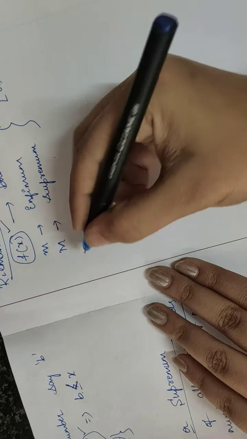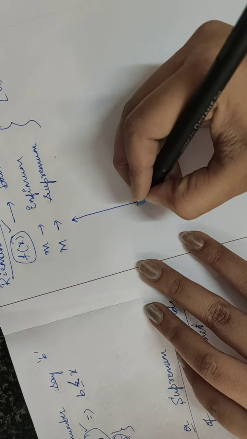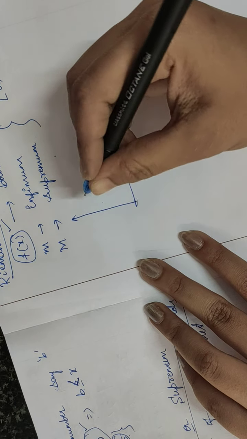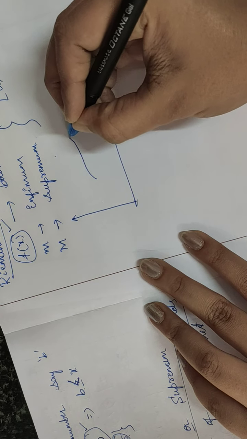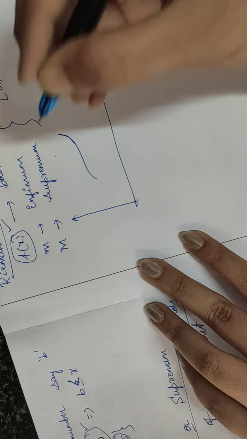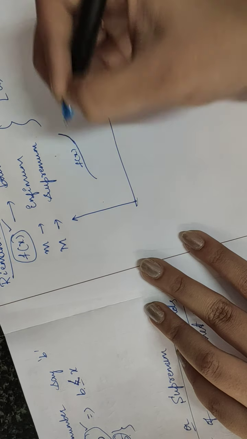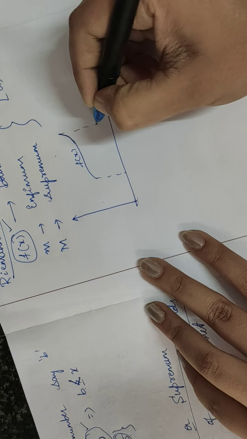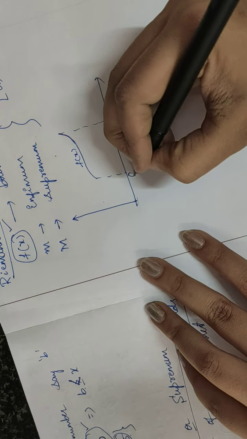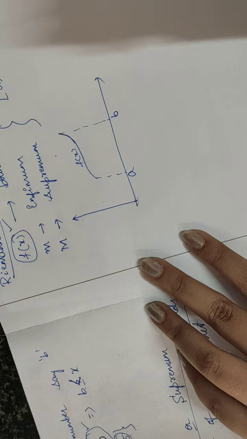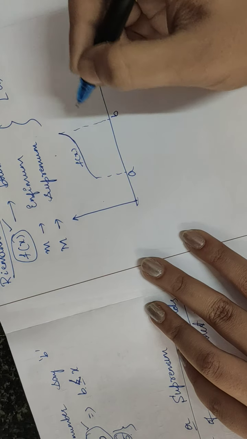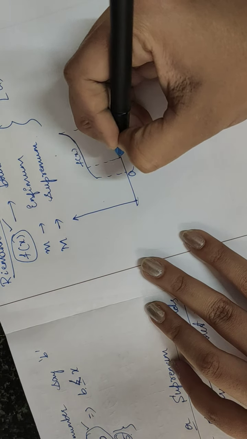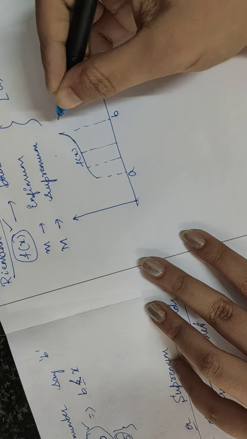This is my function f of x, and this function is a bounded function. Now this is my interval a b, right? So now I can divide this interval into a number of sub intervals.